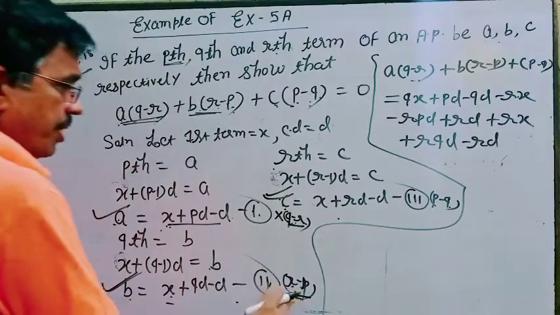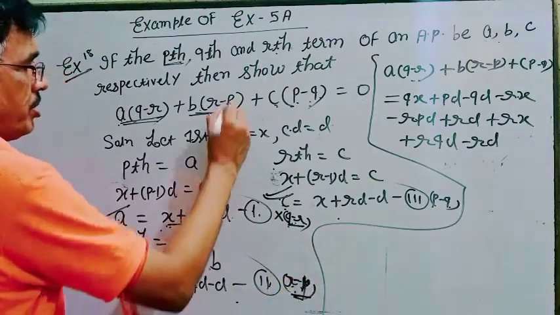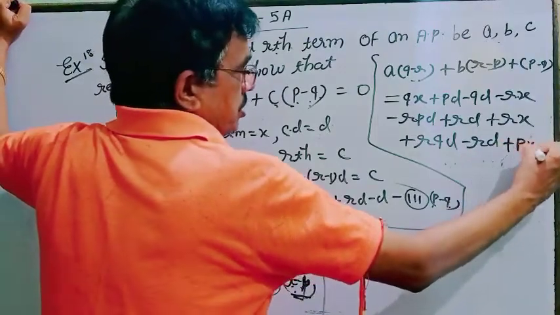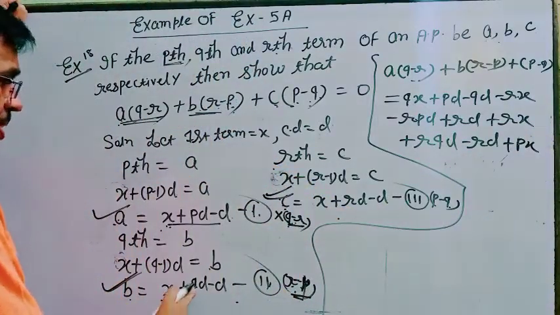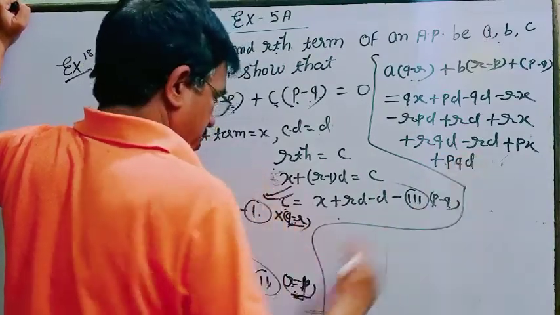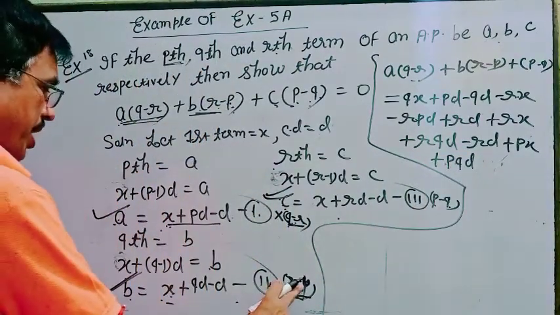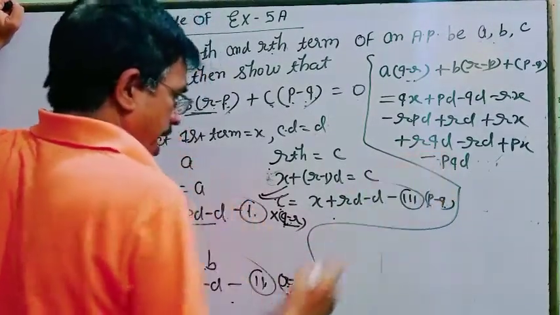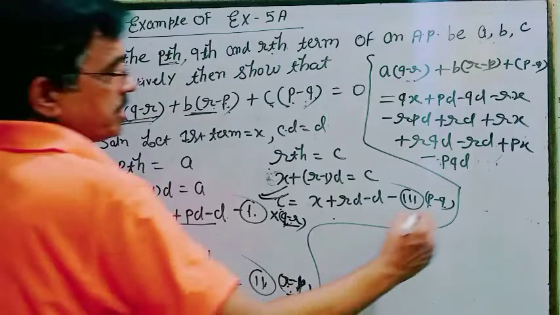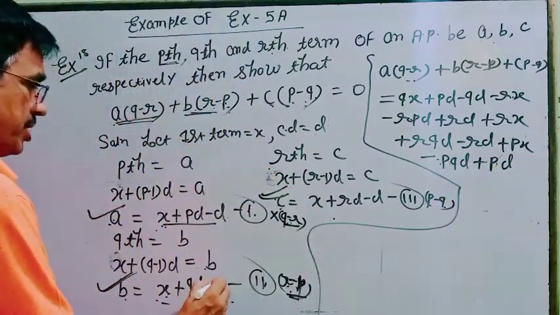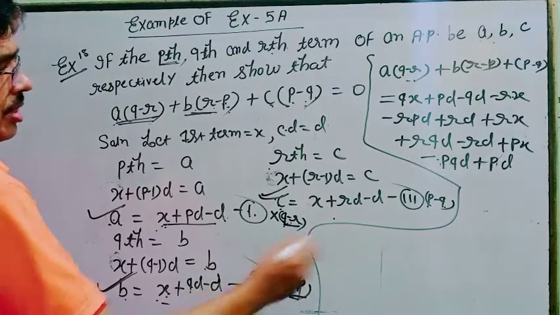Now multiply by r minus p, because here is p. So p into x gives px, plus prd, because here is minus p and here is plus q, so write minus pqd, and minus p into minus d, then plus pd.